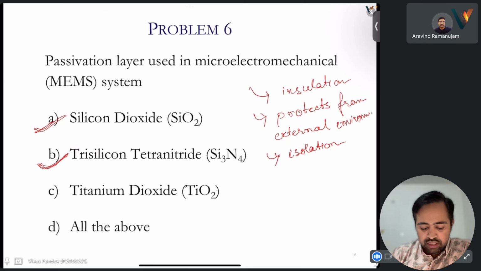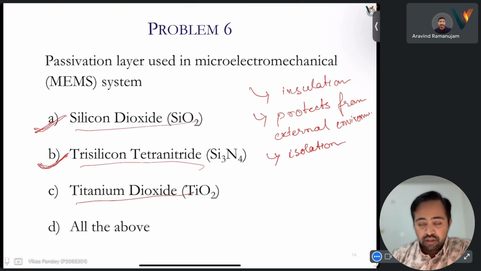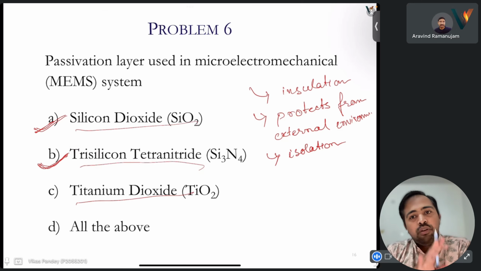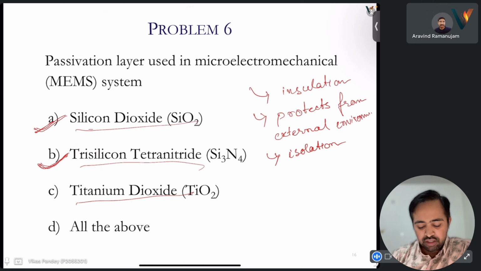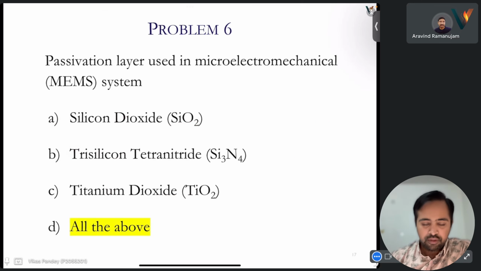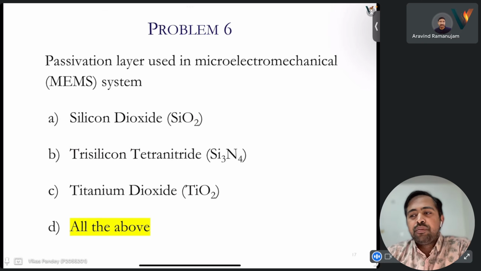See, in all these cases, they are insulators. Passivation layer will always be an insulator. Silicon dioxide is an insulator, silicon nitride is an insulator, and titanium dioxide is also an insulator. So all of the above, you can go for all of this. Silicon dioxide is the most preferred one generally because it is very compatible with silicon, and silicon nitride is also fine.